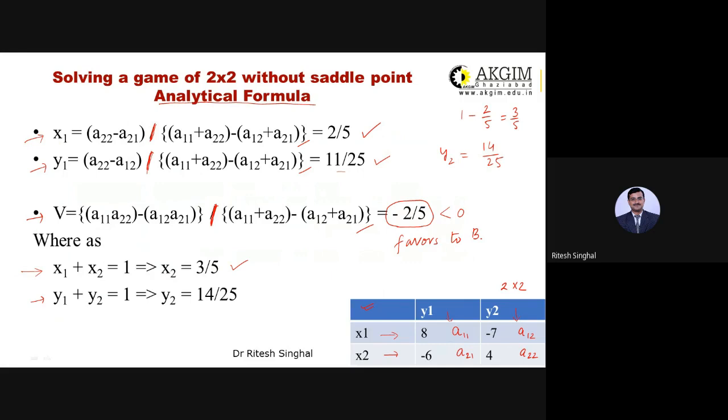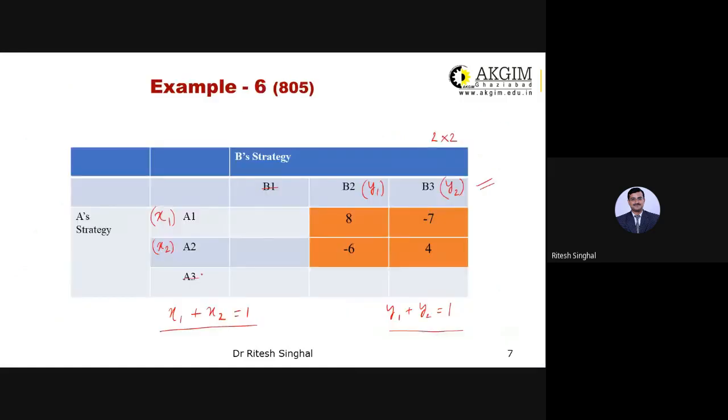So now what is my final result? Because I need to collect all the results in one sheet. So how to write the results? Since these two strategies are removed, the probability of using these two strategies is obviously 0.